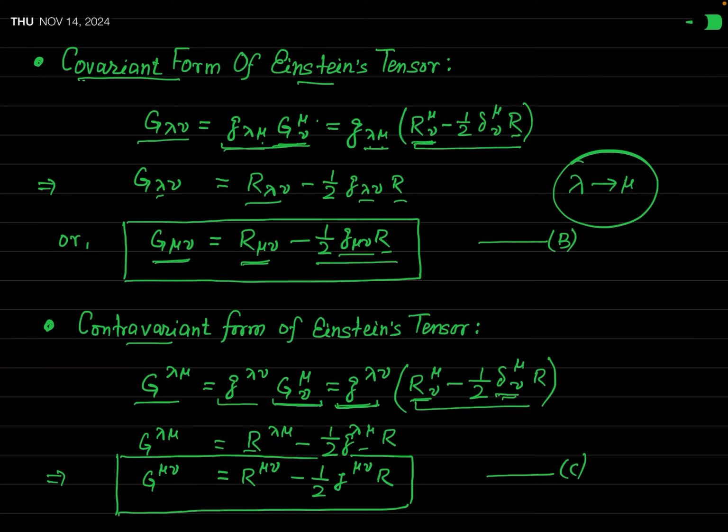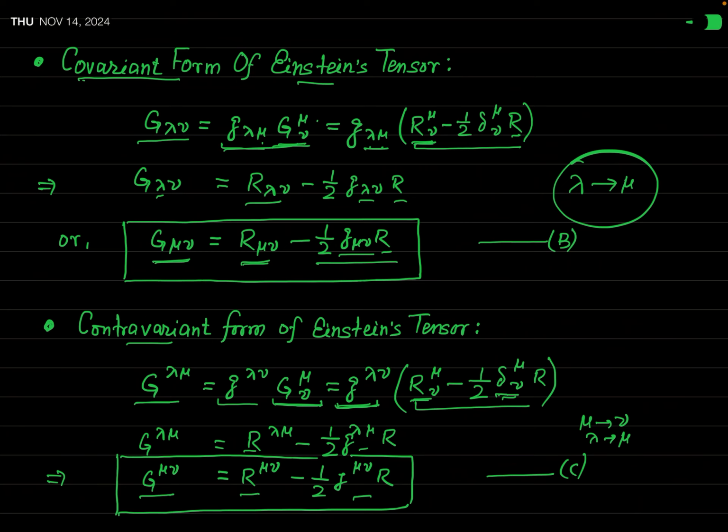Now you can replace mu by nu, and lambda by mu. So after replacing lambda by mu and mu by nu, our result will be like this: the contravariant tensor g mu nu equal to this much.